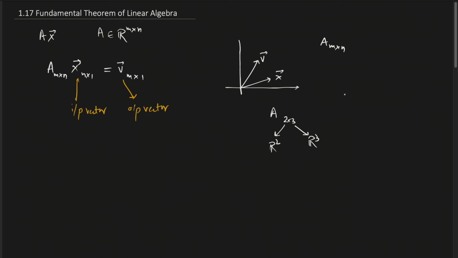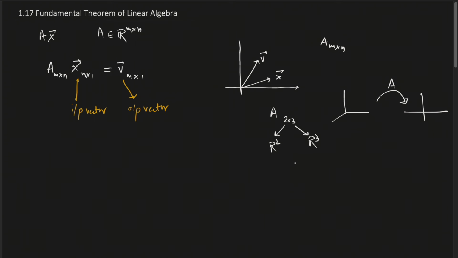So you can say that this is your input vector space, and the matrix A transforms this input vector space, which is this 3D R cube, into this xy plane, right?